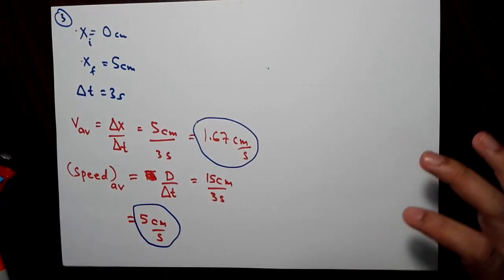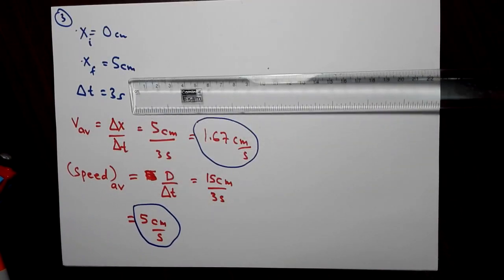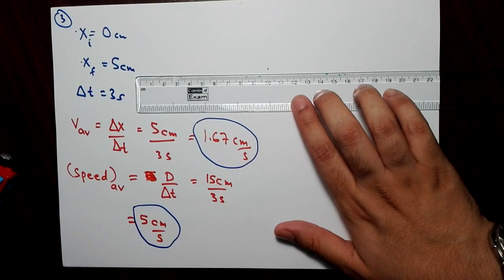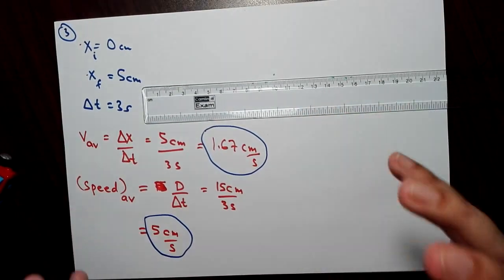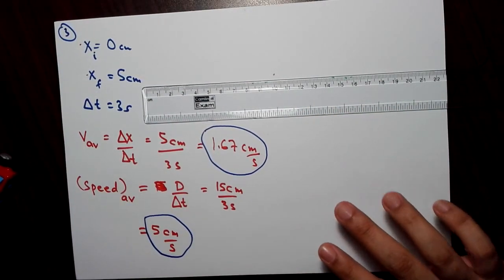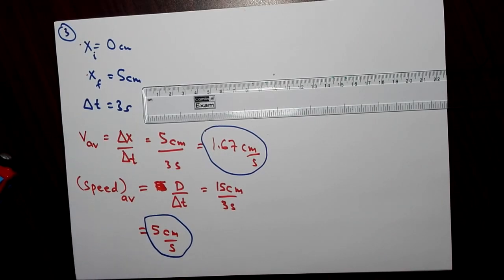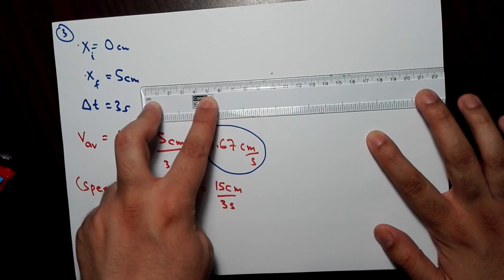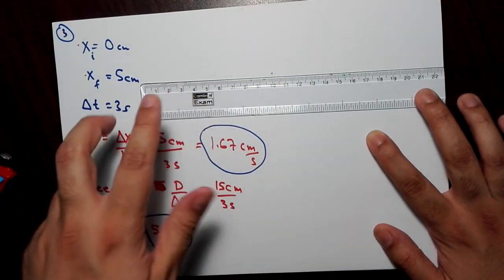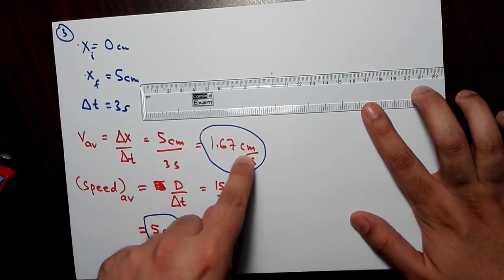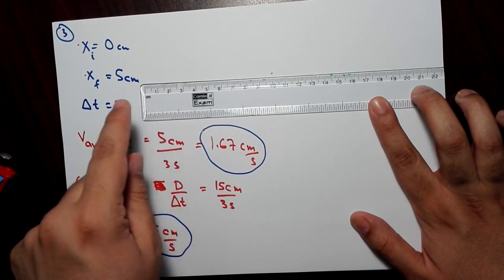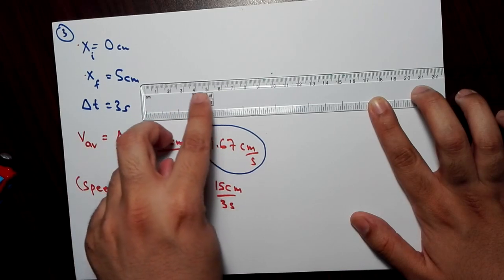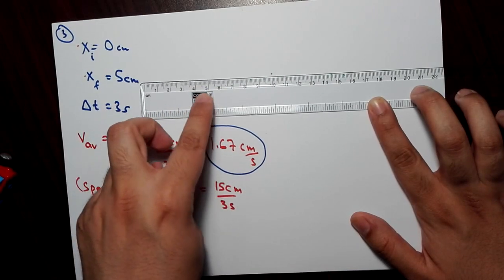So that's an example of average velocity and average speed. You can think about average velocity as giving you an overall result of what's going on. So overall, after 3 seconds Thomas just moved 5 centimeters. So essentially he's moving 1.67 centimeters per second, and after 3 seconds he's just at 5.